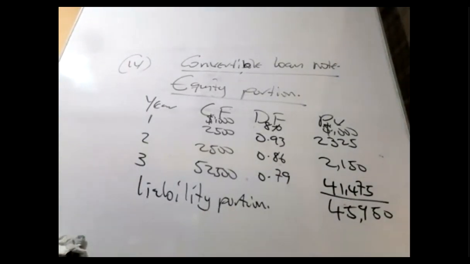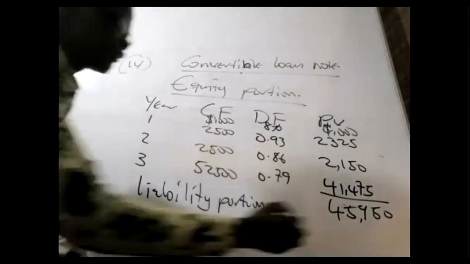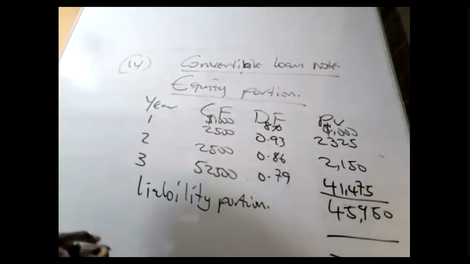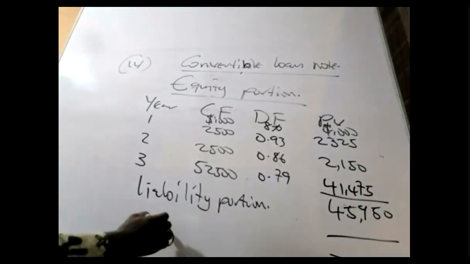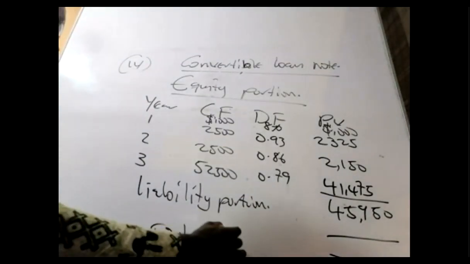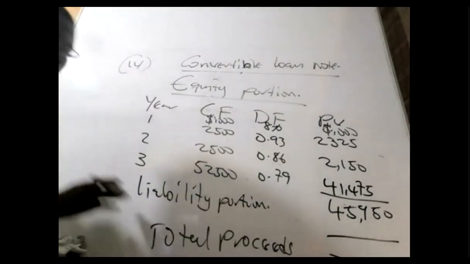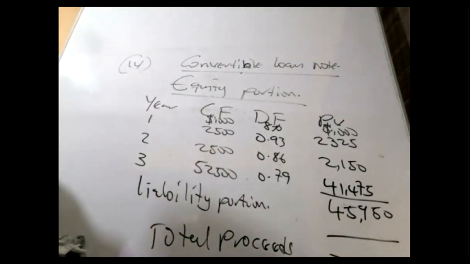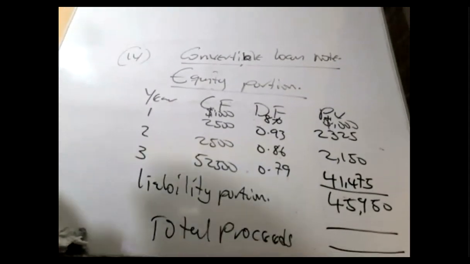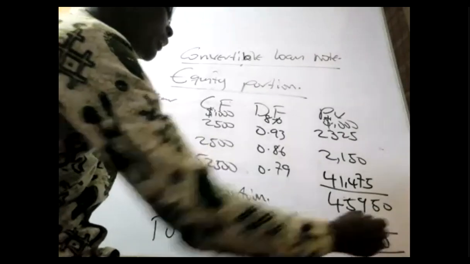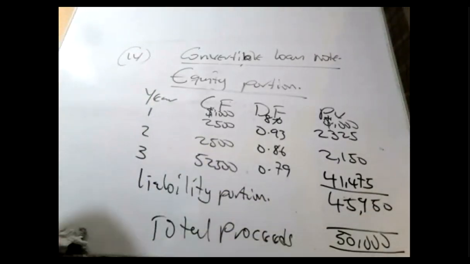Now, you leave a space, and write the total proceeds. Total proceeds is the actual amount that you receive. What is the total proceeds? 50,000. That's the face value, the actual money that you receive.